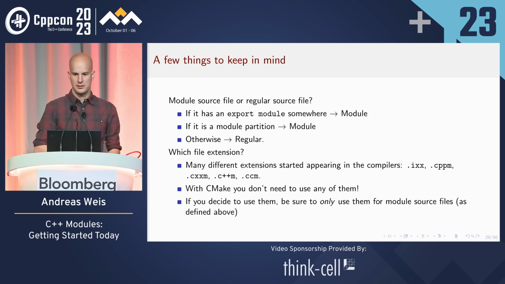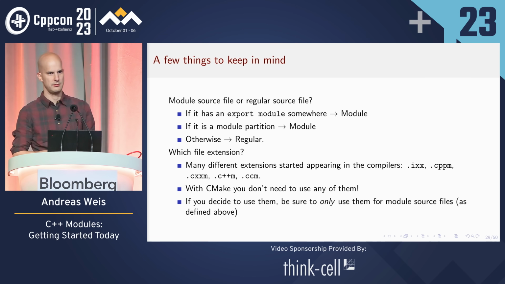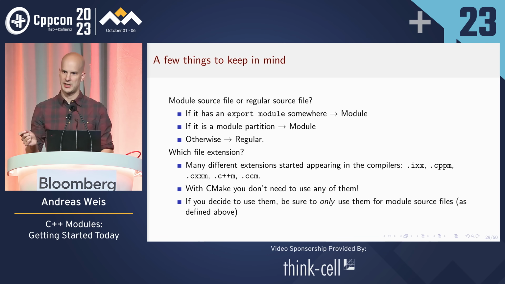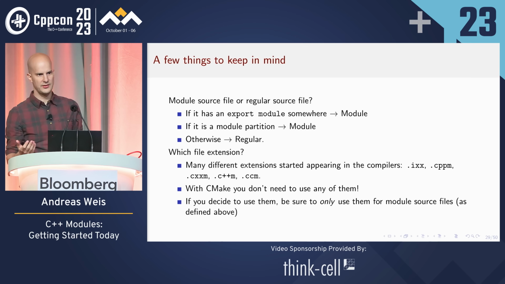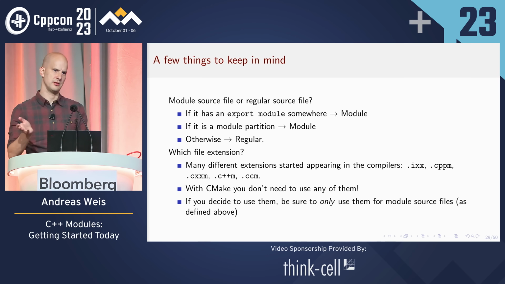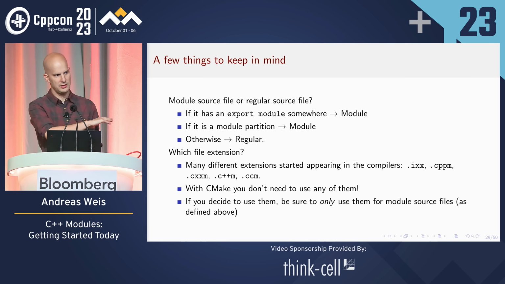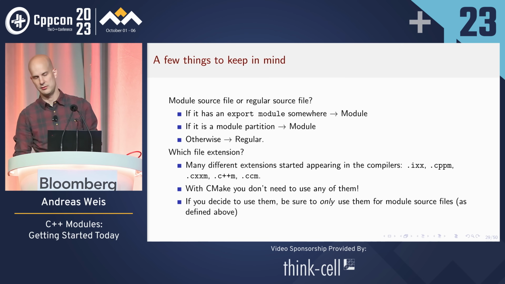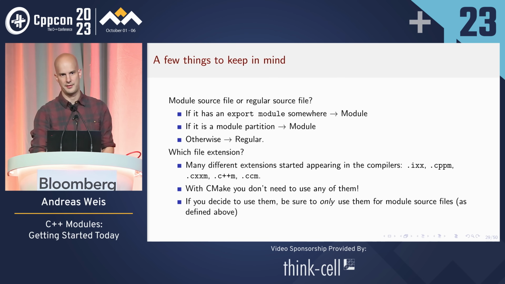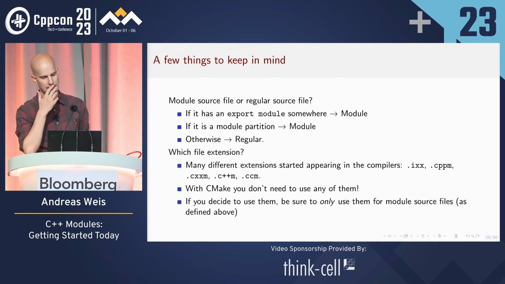And if you're using CMake, then the file extension actually should not matter. So I'm using just .cpp for all of my examples here. And if you don't feel super strongly about it, I would encourage you to also just stick with .cpp. There's no need to introduce a new file extension. Tools often get confused if you use the new extensions and they don't know about them yet. So just save yourself the pain.